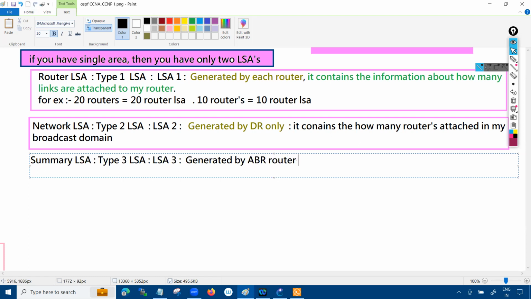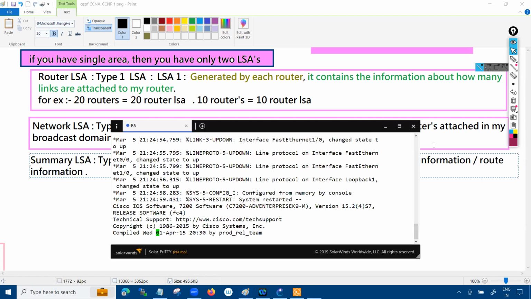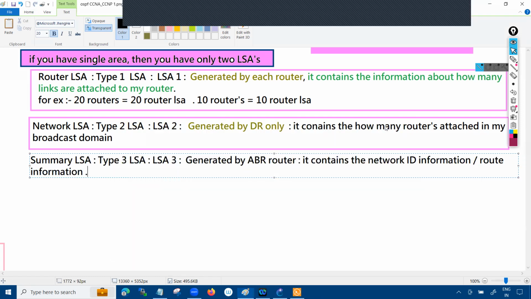It contains the network ID information, or we can simply say that it contains the route information in normal language. So only the ABR will generate this LSA 3, and that has the information about the network ID.